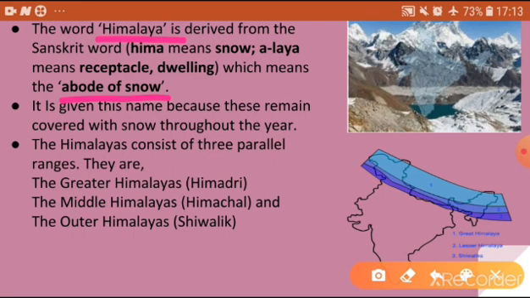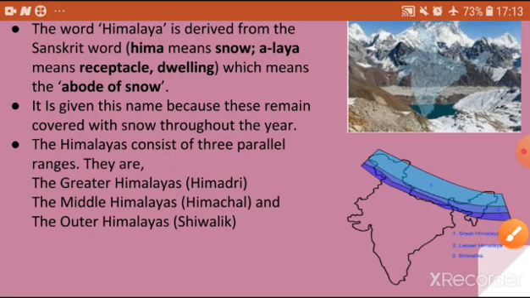So what is meant by Himalayas means abode of snow, and it is derived from two Sanskrit words. Hima means snow, alaya means receptacle, dwelling, which means the abode of snow. And why is it given this name? Because these remain covered with snow throughout the year.